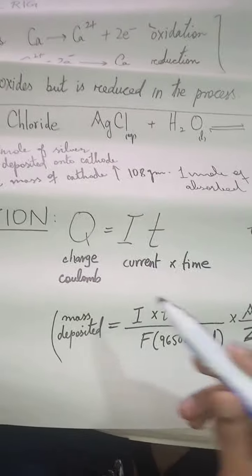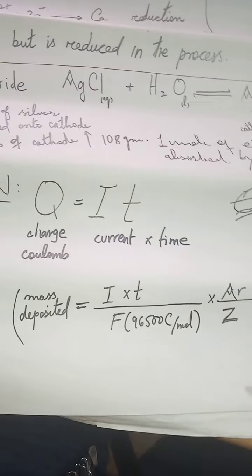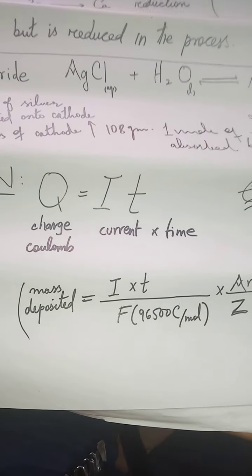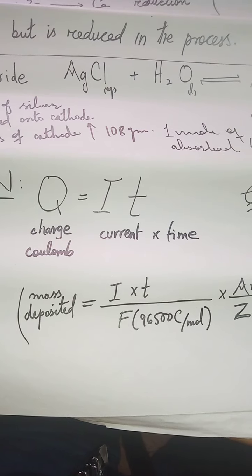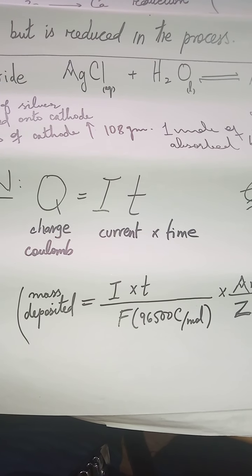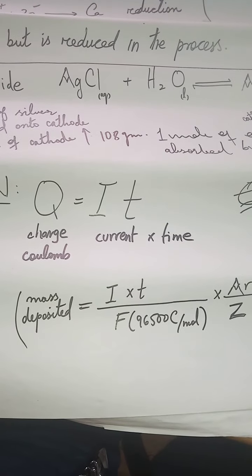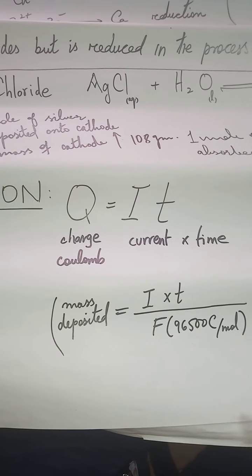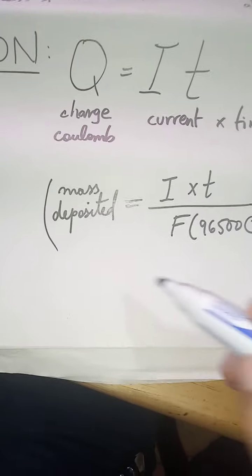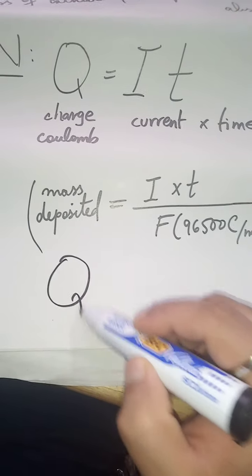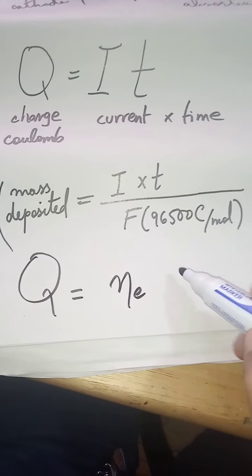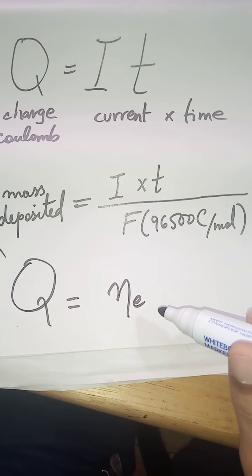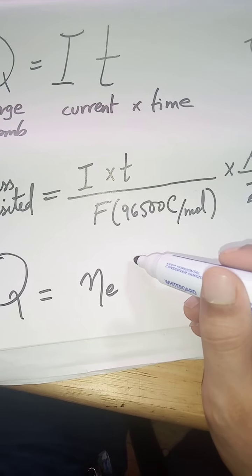So the first one was that, the second one is this, and then for the Faraday constant, another one you need to be mindful of is Q equals N, number of moles of electrons, times the Faraday constant.